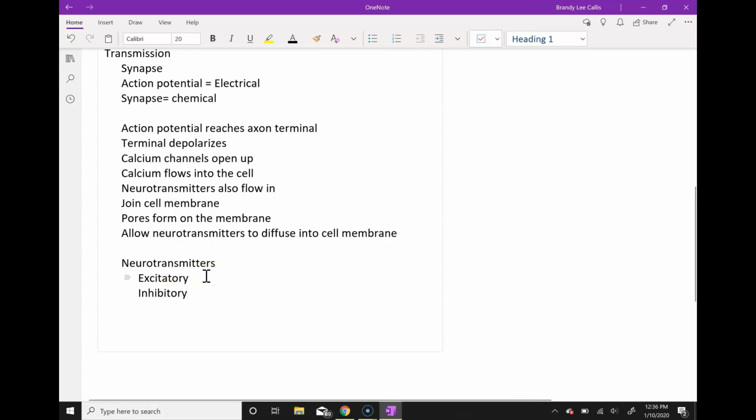An example of excitatory is acetylcholine, which activates muscle fibers. Endorphins, we keep talking about endorphins make you happy. Those are actually there to inhibit nerve cells. They inhibit the transmission of pain signals. That's why you can get really happy and you're not going to feel as much pain.